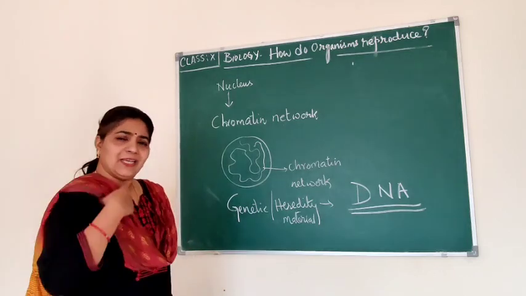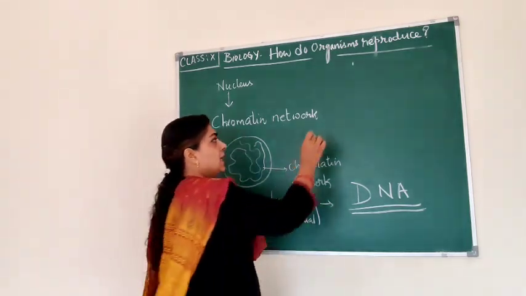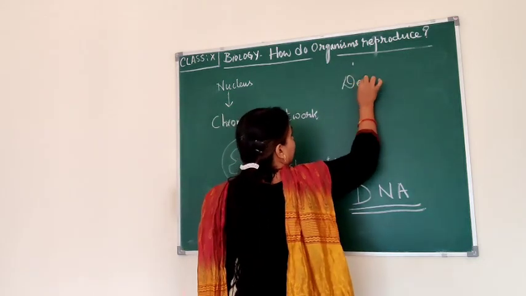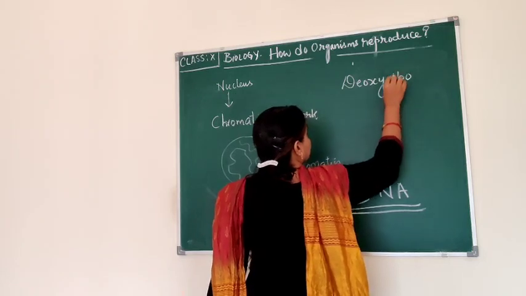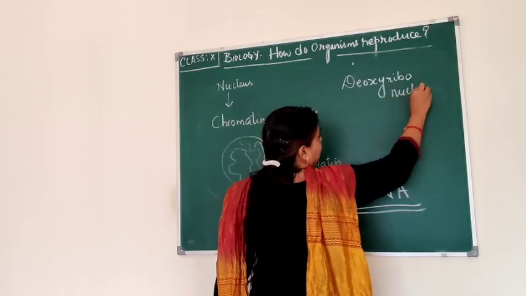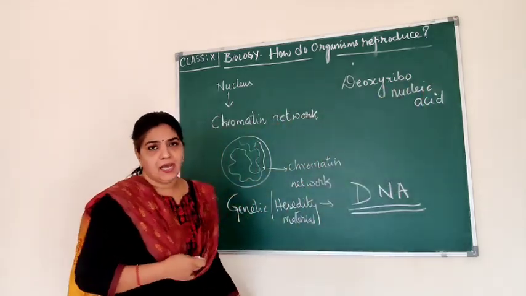Can you give the expansion of DNA? What is DNA? Yes, DNA is deoxyribonucleic acid. There are two types of nucleic acid we have. One is DNA, the other one is RNA.